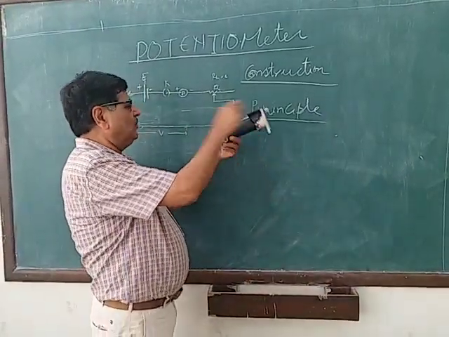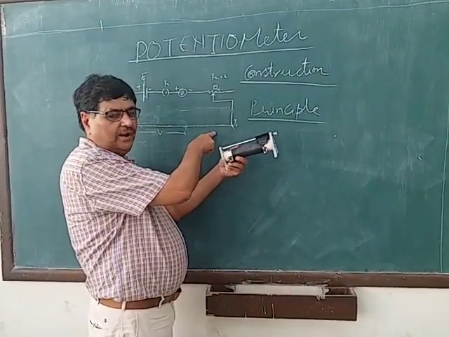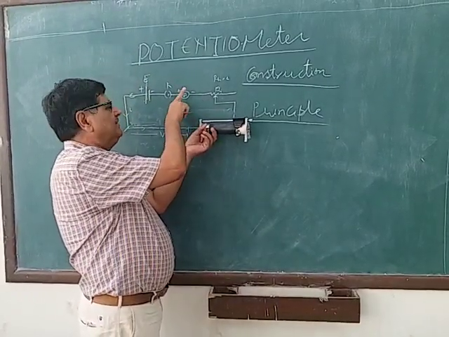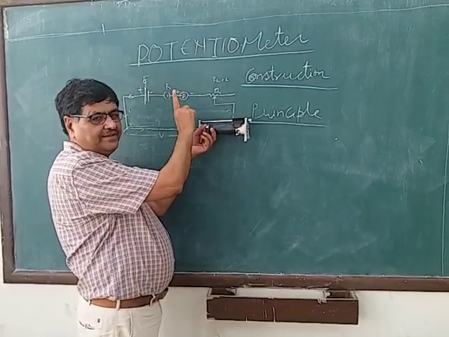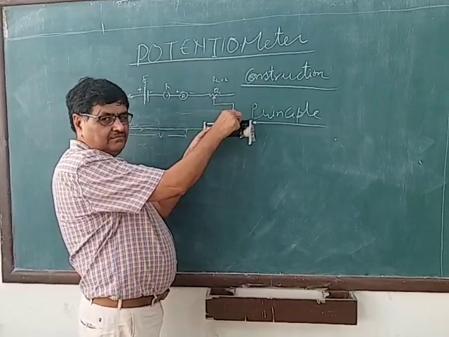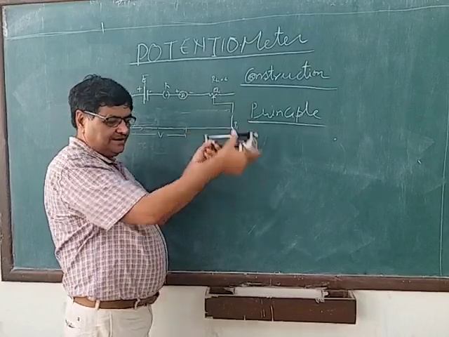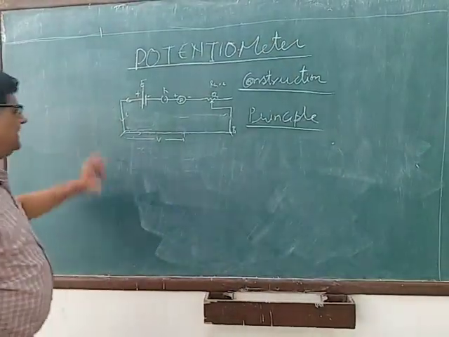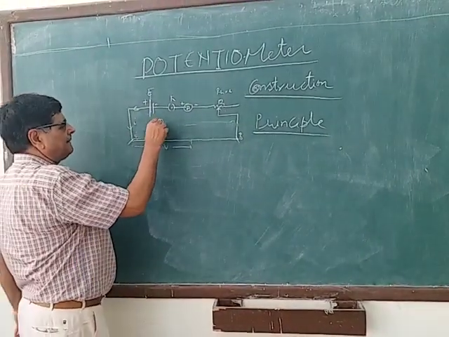Rheostat can vary the current in the circuit if required. What is the use of rheostat in the circuit? We want to keep current fixed. So if by chance the current gets changed, then we can again fix the current using the rheostat. This is the role of the rheostat. Now this circuit is called the primary circuit.